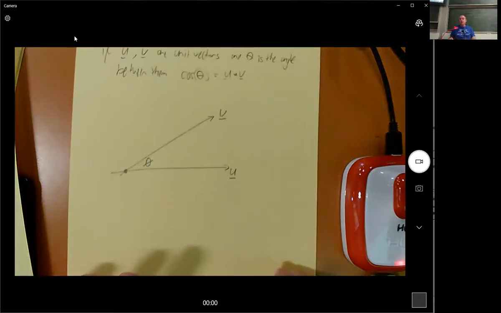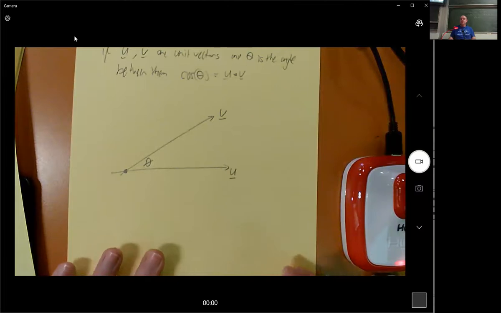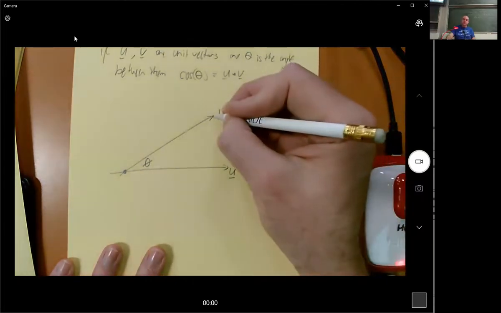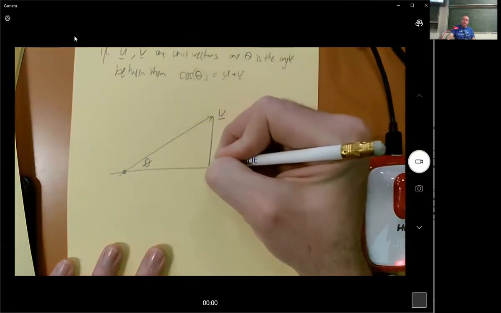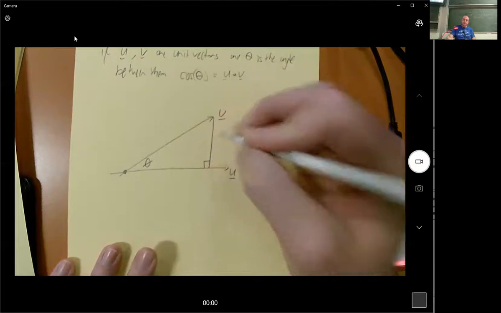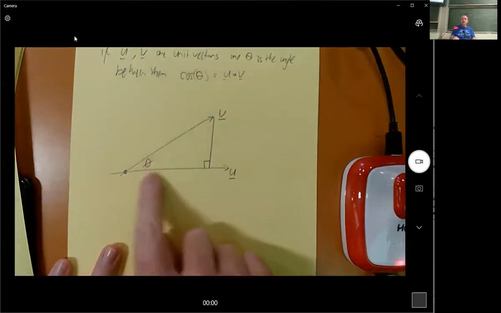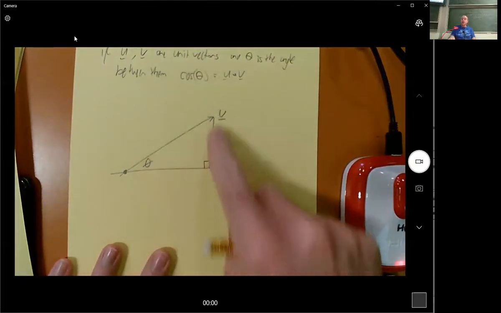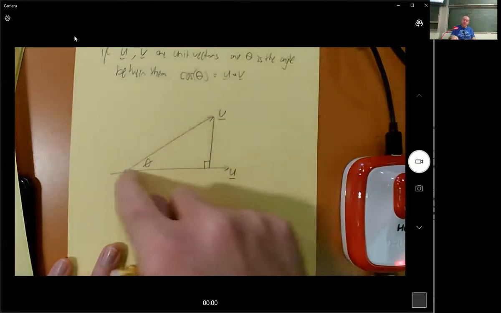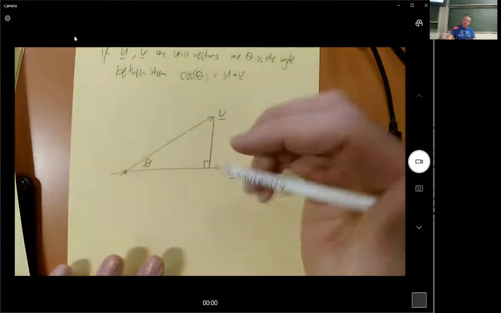Then watch this. Cos of this angle is that length divided by this length. No, this length here divided by that length.